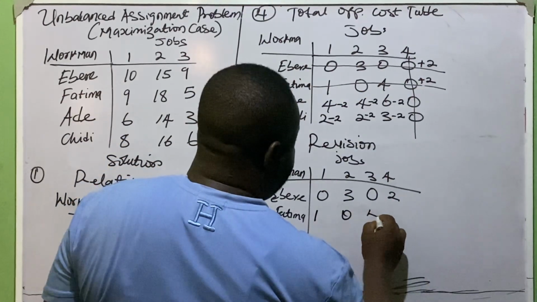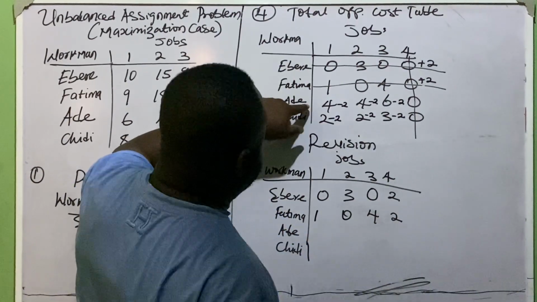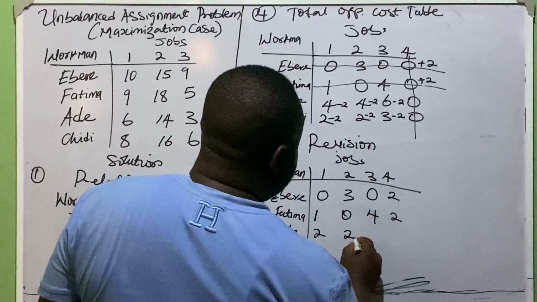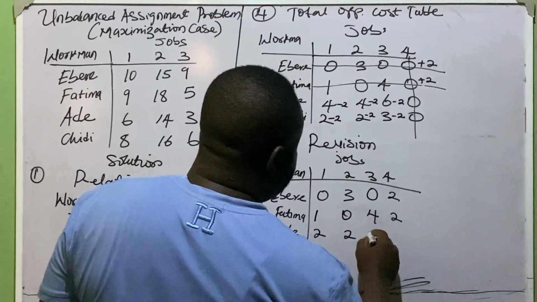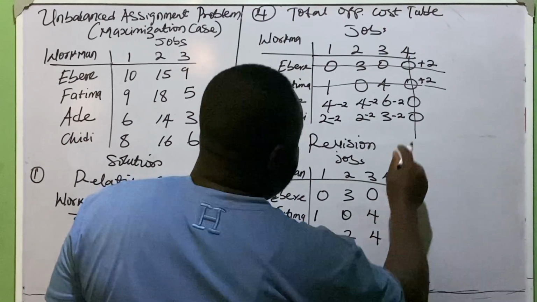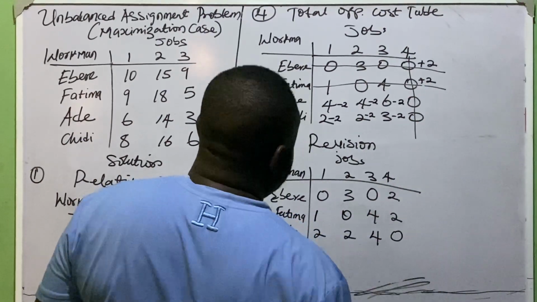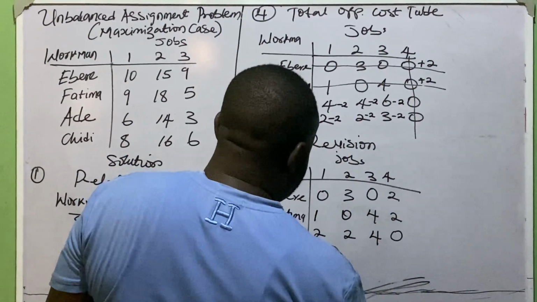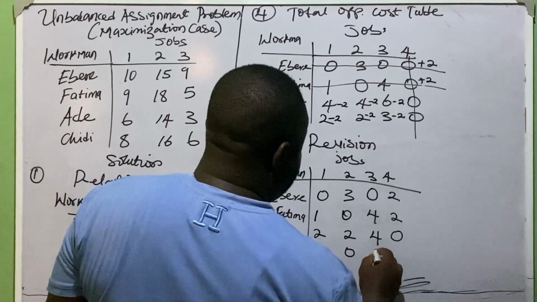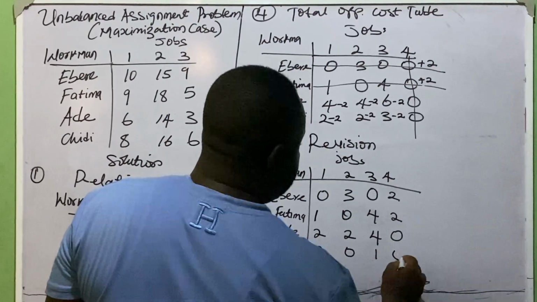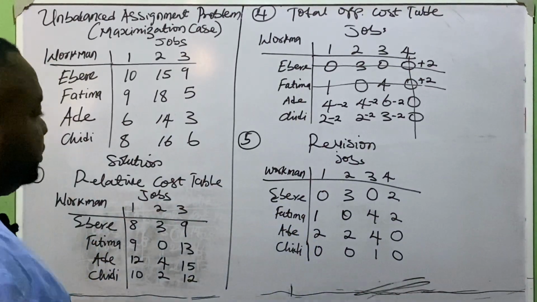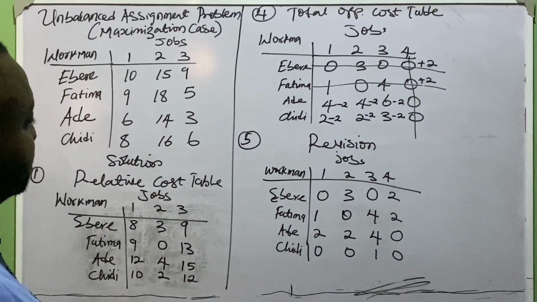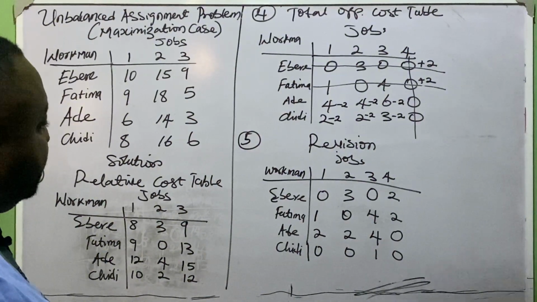Then for Ade, 4 minus 2 will give us 2, 4 minus 2 again 2, 6 minus 2, 4. And this 0 will simply come back. Then for Chidi, we have 0, 0, 0, 1, and there, of course, 0. Alright, now we have been able to redistribute the zeros by the work of revision.